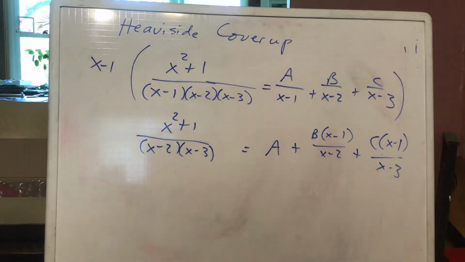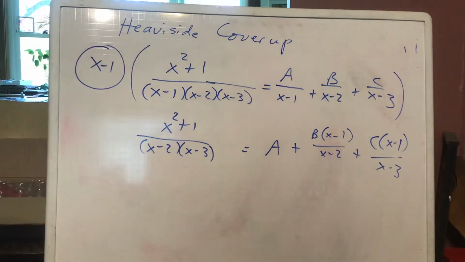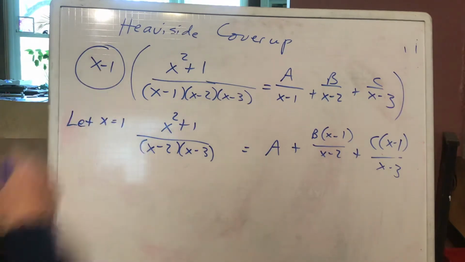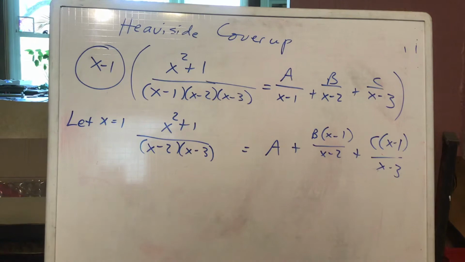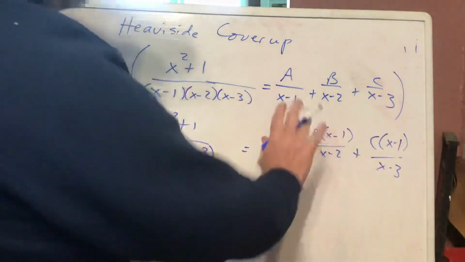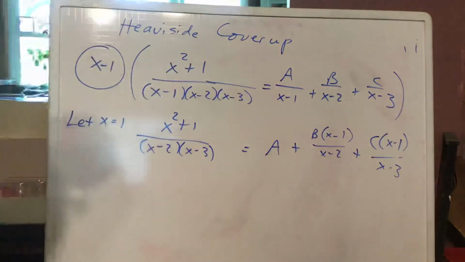Now, once I have done that, because x minus 1 is the thing that I multiplied by, I'm going to let x equal 1, the thing that would make that 0. And when I do that, that term and that term both go away, because 1 minus 1 is 0. Which is why it's called a cover-up, because you can basically cover those up like that.